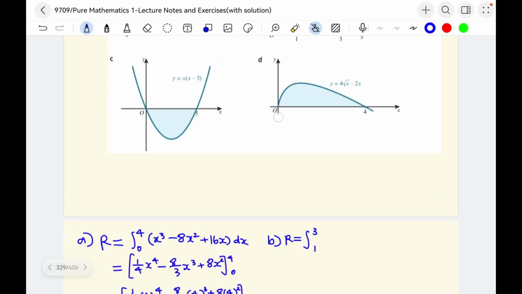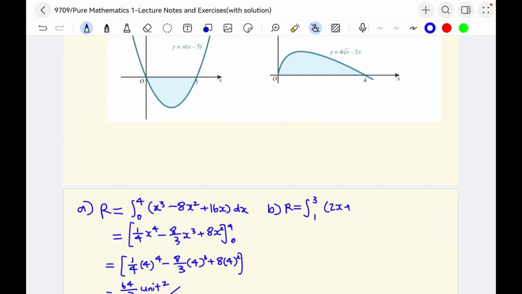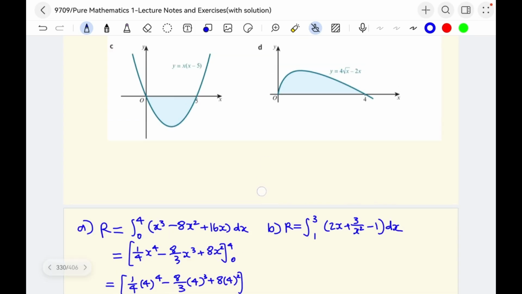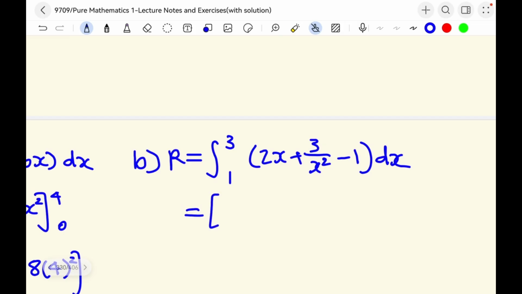So what will we get? The integral of 2x plus 3 over x squared minus 1 dx. You should get 1 plus 1, 2, so it's x squared. And this is negative x, because negative 2 plus 1 is negative 1, divided by negative 1, so it gives negative x, from 1 to 3.